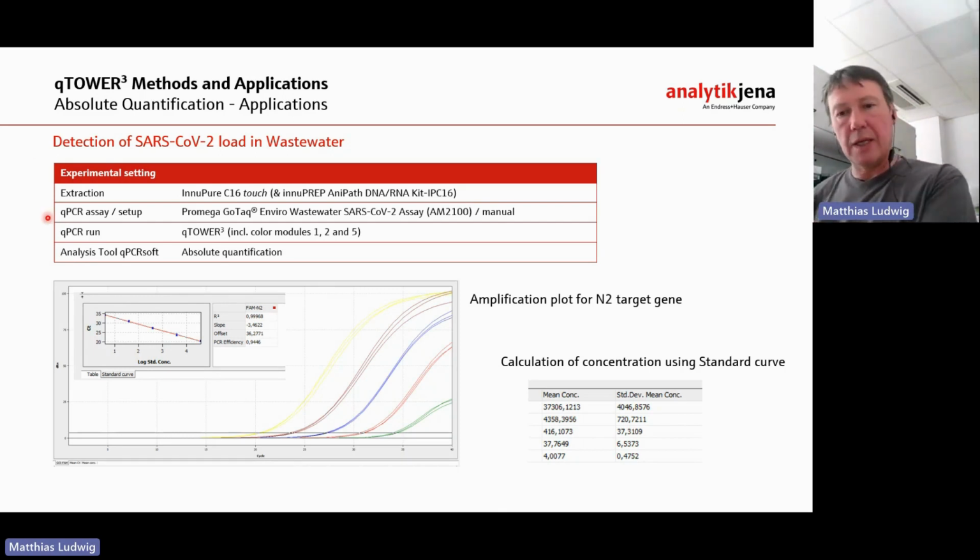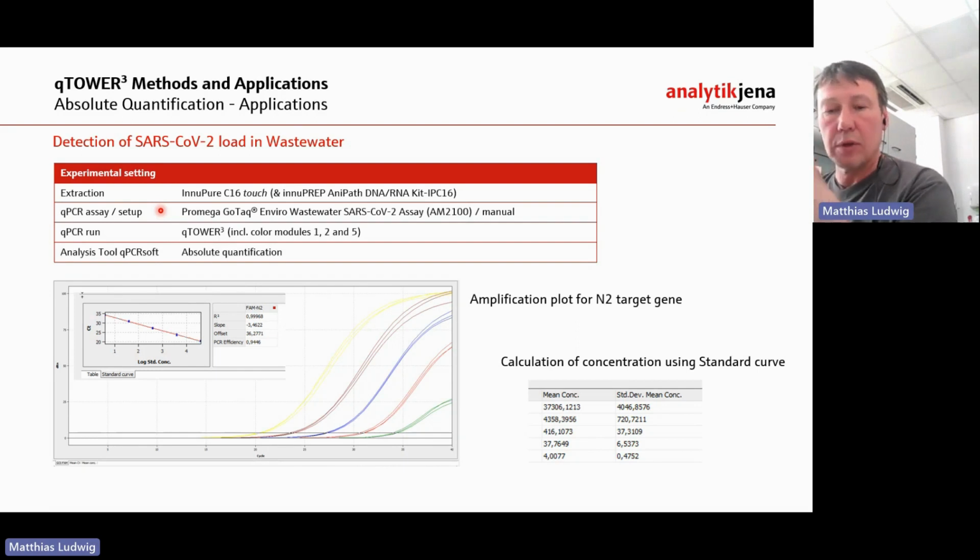That means they extracted the nucleic acid, or the virus nucleic acid, from wastewater with our InnuPure C16, and then for the detection they used the Promega GoTaq Enviro Wastewater SARS-CoV-2 assay. And this assay also includes a synthetic standard.